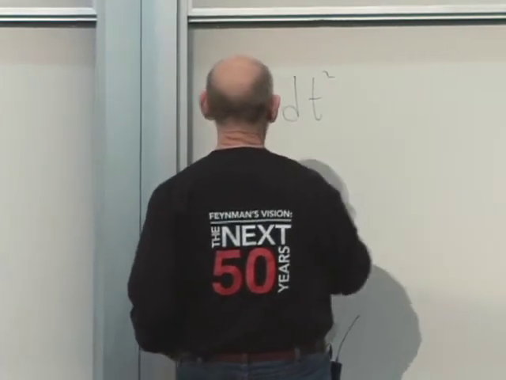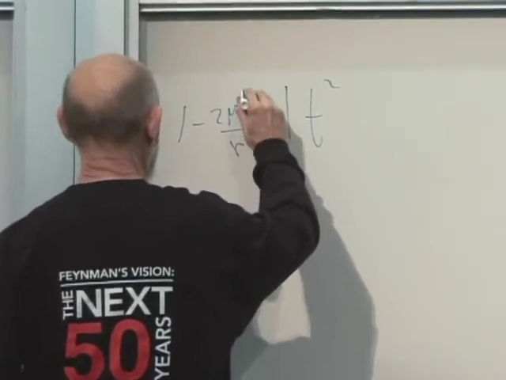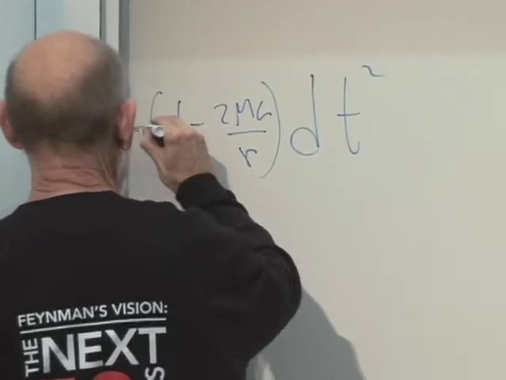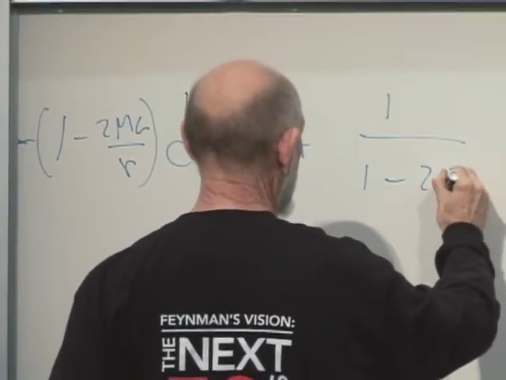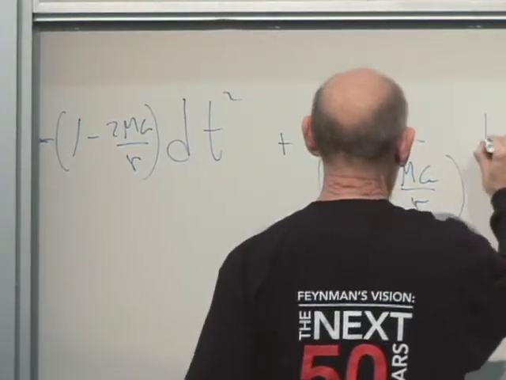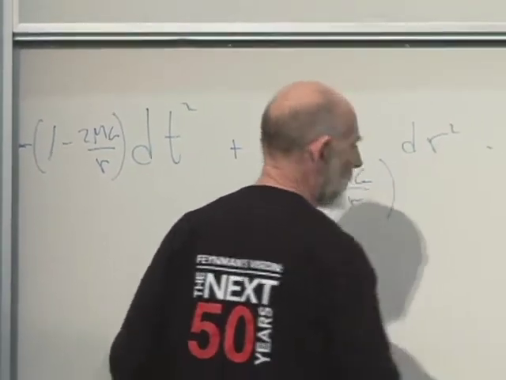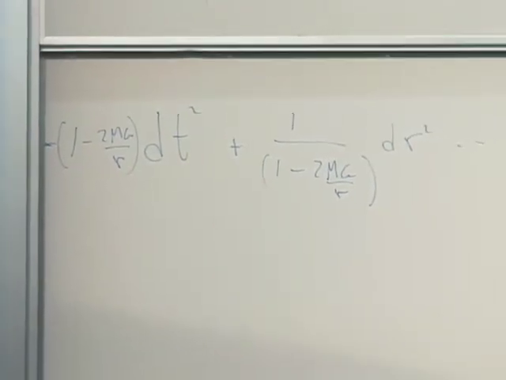dt squared times 1 minus 2mG over r, with a minus sign, and with a plus sign, 1 over 1 minus 2mG over r, dr squared. And then there's another term, r squared times the angular coordinates. Let's suppress that, not worry about it.